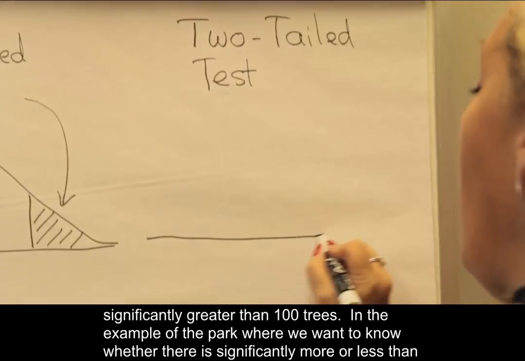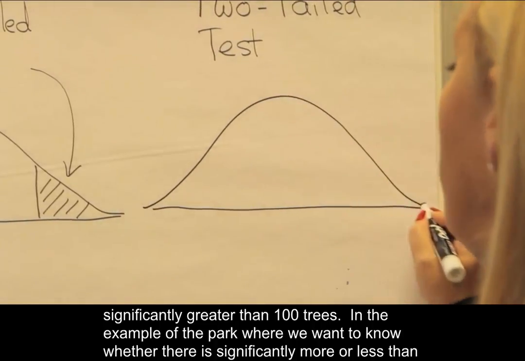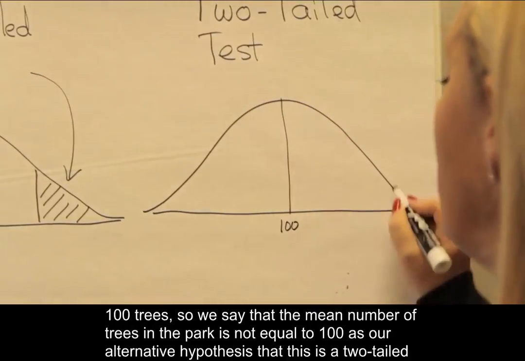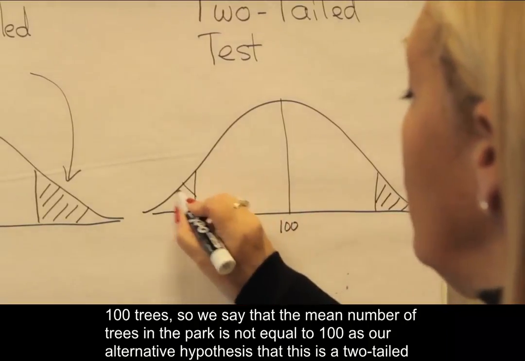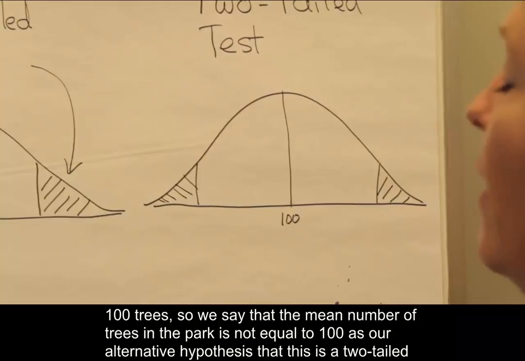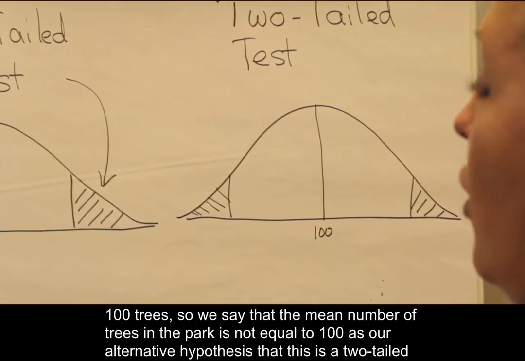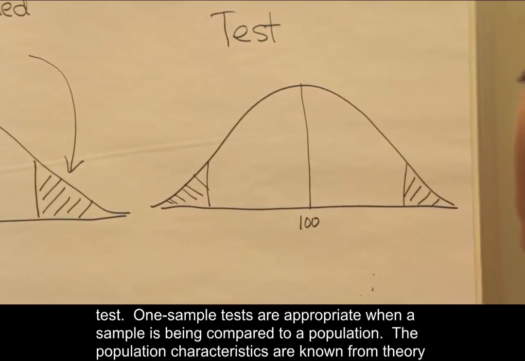In the example of the park, where we want to know whether there's significantly more or less than 100 trees, we say that the mean number of trees in the park is not equal to 100 as our alternative hypothesis, so this is a two-tailed test.